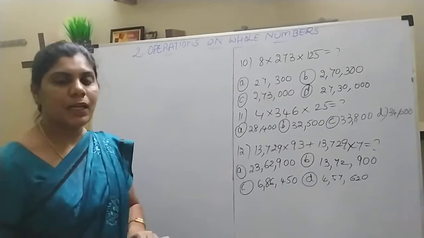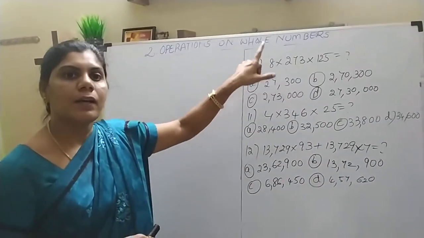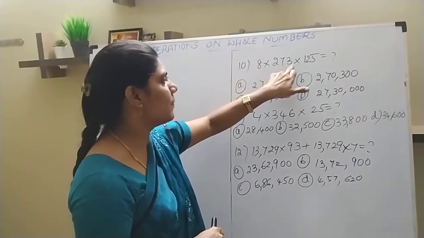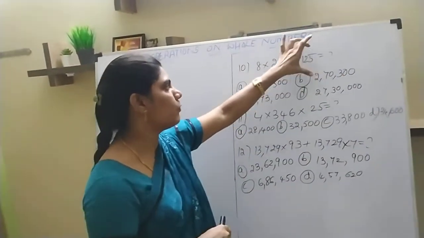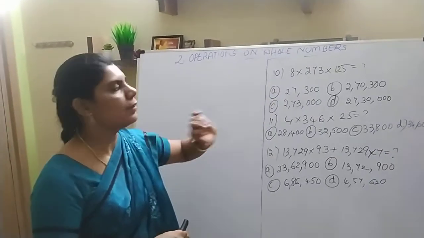Now I will explain some more problems related to our properties of whole numbers. Okay. See, 8 into 273 into 125. We have to find out this product. Okay. So options they have given.